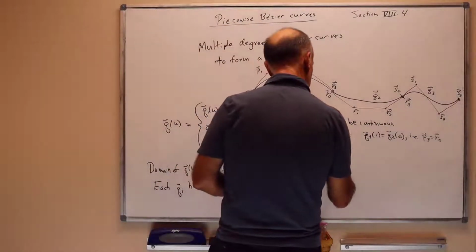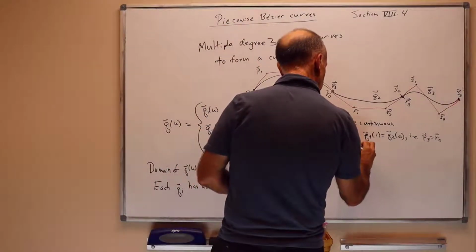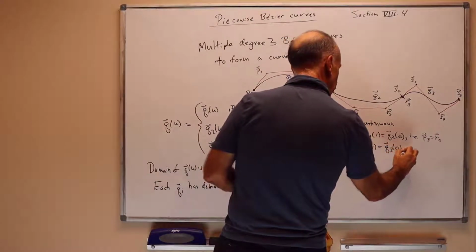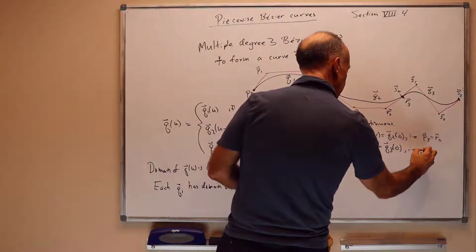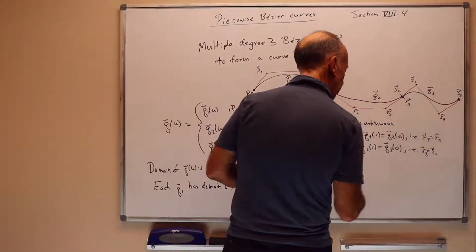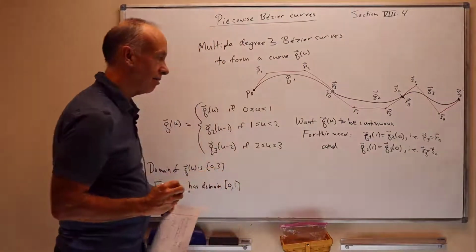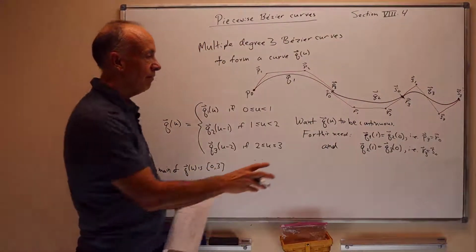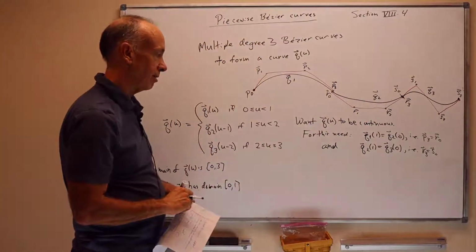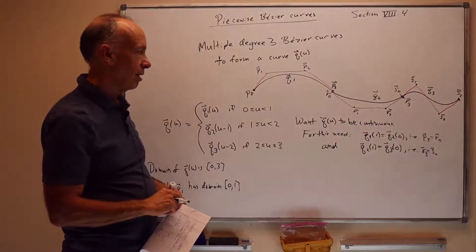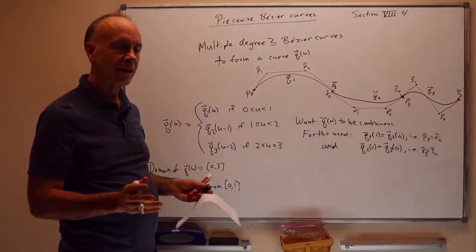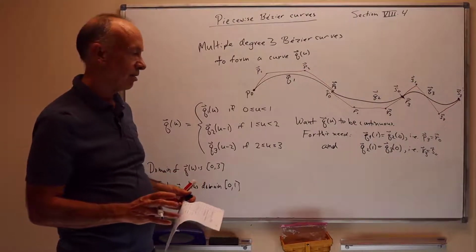And we need Q2 of 1 is equal to Q3 of 0, i.e. R3 is equal to S0, because Q2 ends at R3 and Q3 starts at S0. If we have these things equal, then Q will be continuous, and it's an if and only if condition. So we're just going to assume henceforward that our curve is continuous. Otherwise, it breaks into two pieces, and we would treat it as two separate curves.